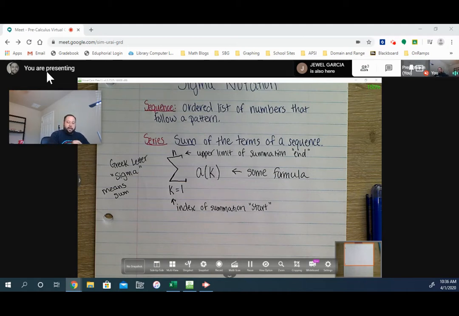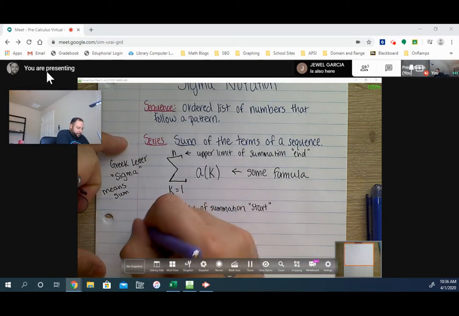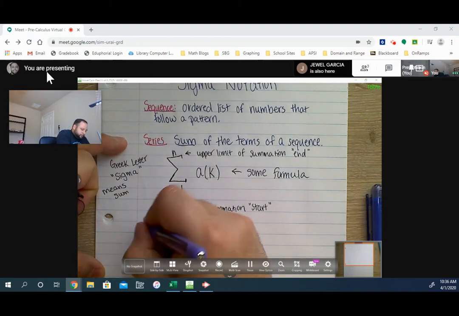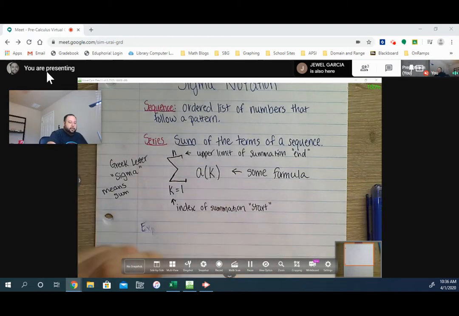So let's expand and find the sum. And let me pick a different color.